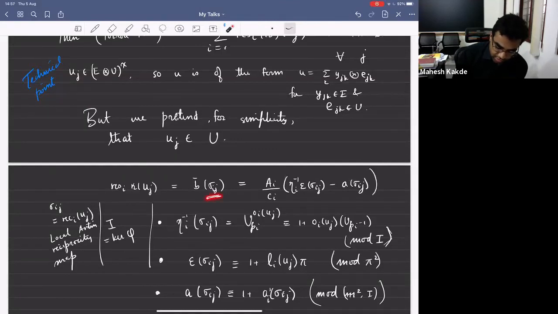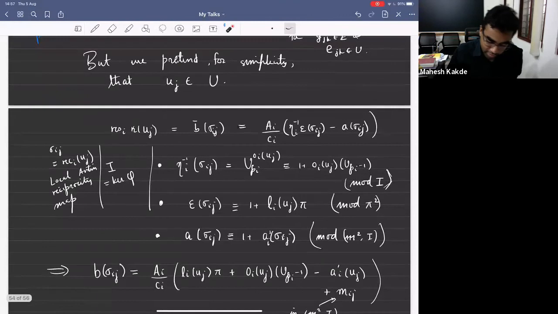So that's my notation for sigma ij. I don't want to write uj here because it is not independent of I. It really depends on I. So that's why I introduced this new notation. Otherwise, as you have seen in the lectures, I try to avoid introducing new notation. But sometimes it's inevitable.